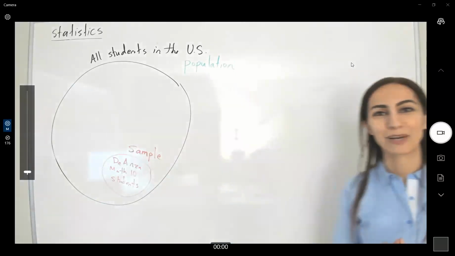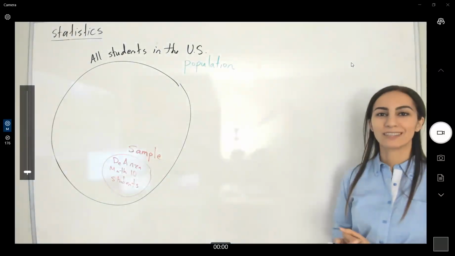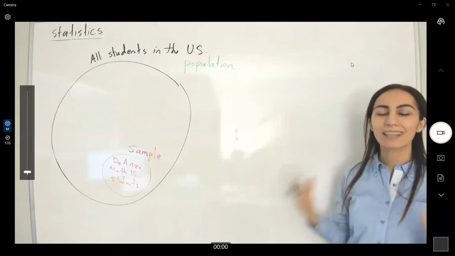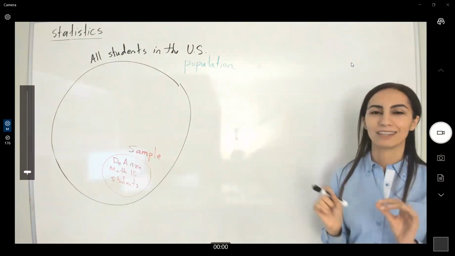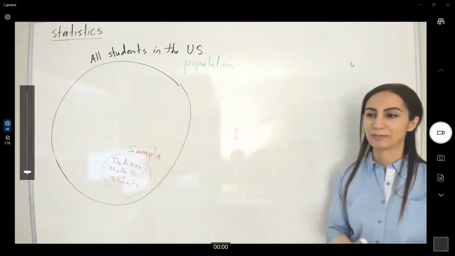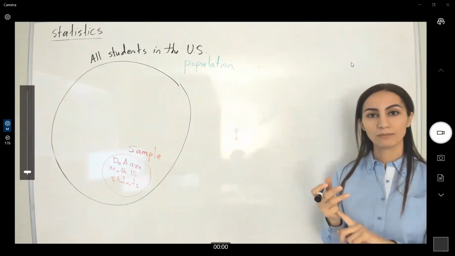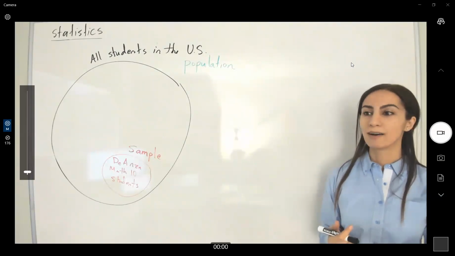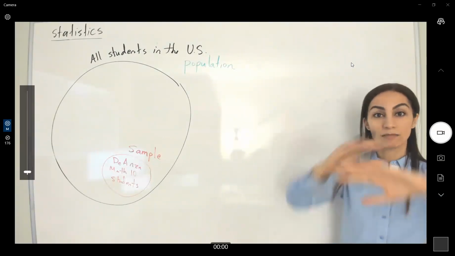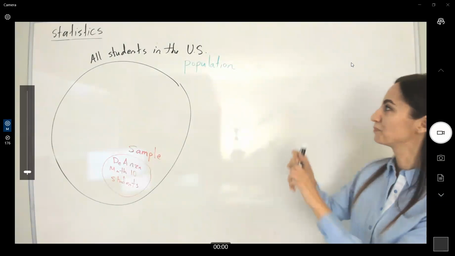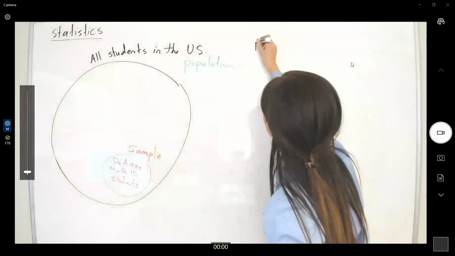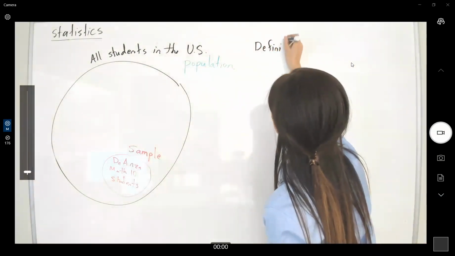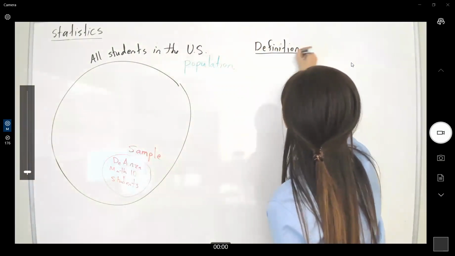Officially, we define it this way. A population is the collection of all, every outcome, response, measurement, or count in the collection. So, definition.